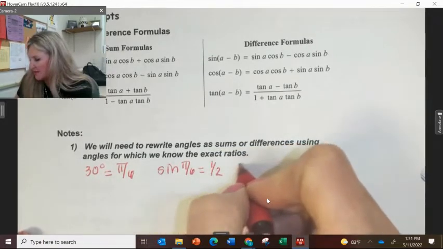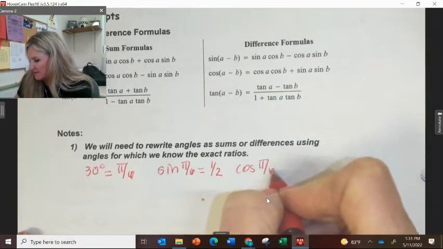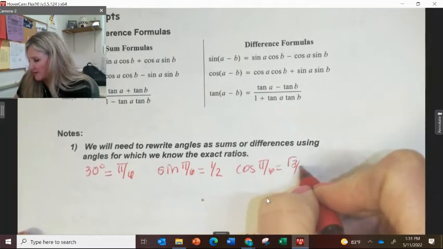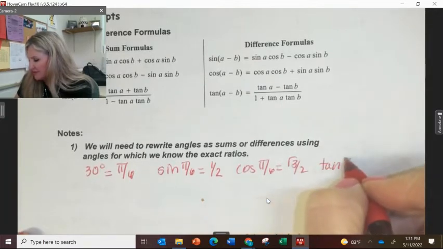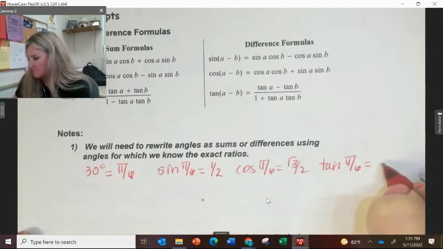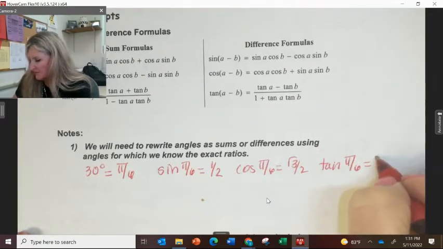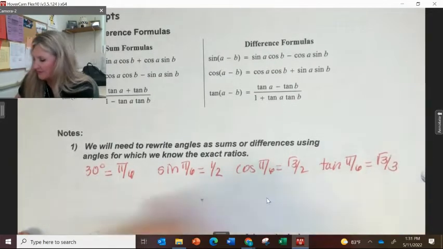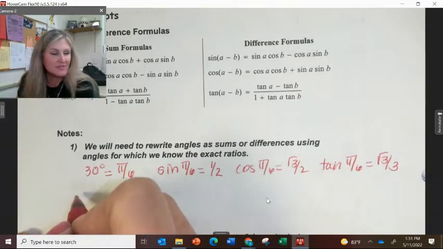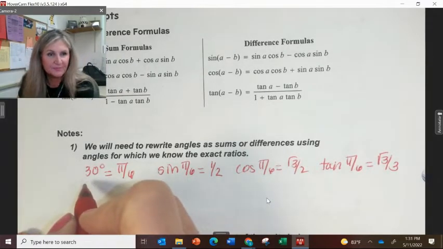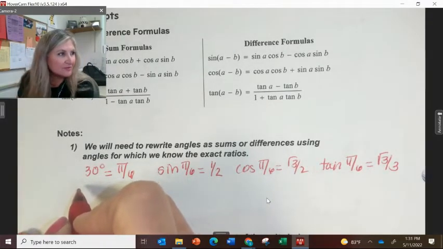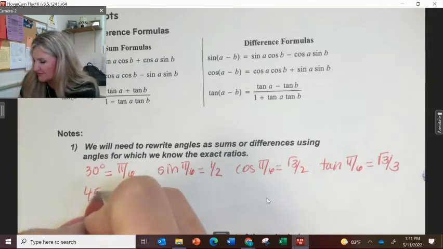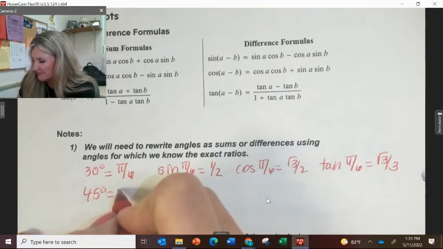What is the sine of pi over 6? 1/2. What is the cosine of pi over 6? And what is the tangent of pi over 6? Good. Radical 3 over 3. Great. What's the next angle we come to? A special angle? 45 degrees. What is that in radians?